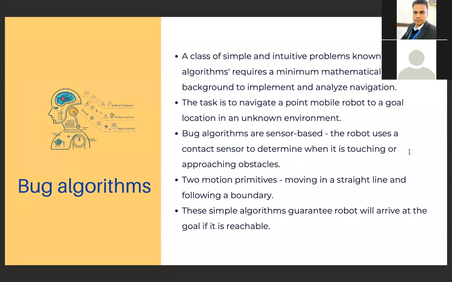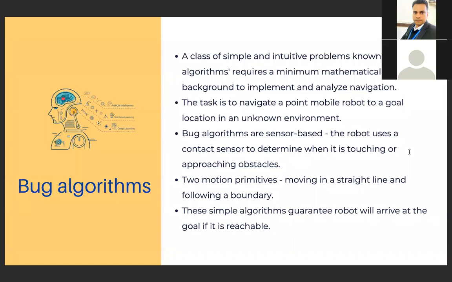So the robot has something known as a contact sensor or a tactile sensor. So the edges of the robot are filled with these tactile sensors, so that when it touches the obstacle, the robot senses, okay, there is an obstacle. Only on contact, it can sense it. So it is when it is touching, or it is really close to the obstacle, that the sensors can detect the objects around it.